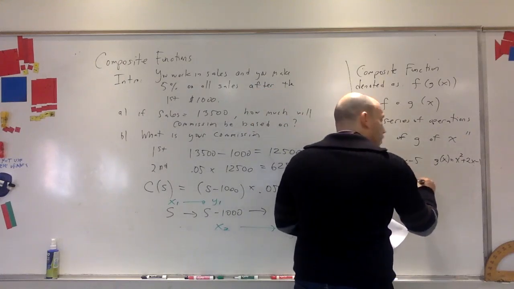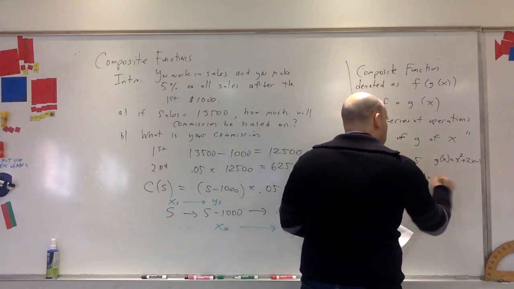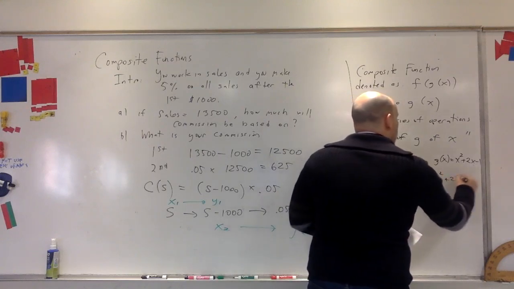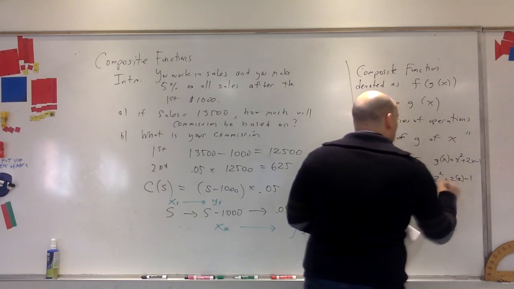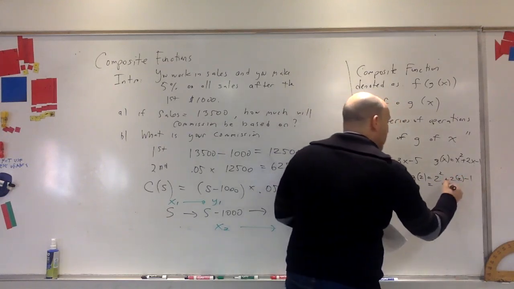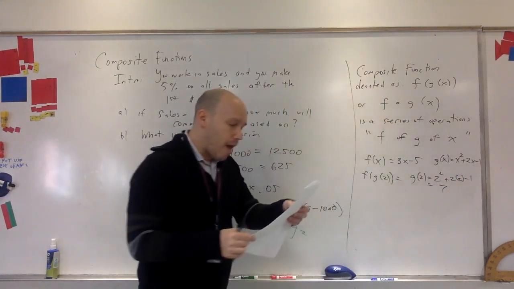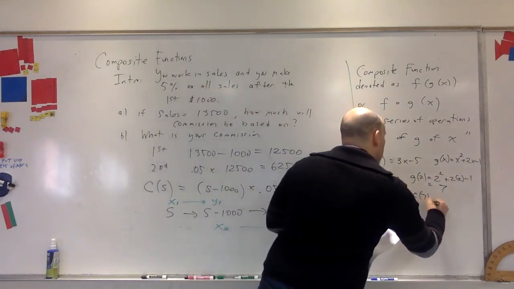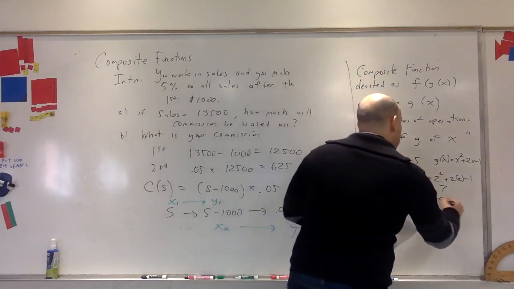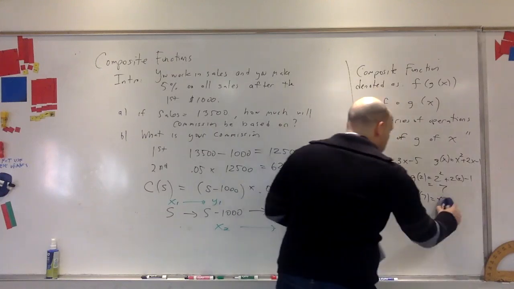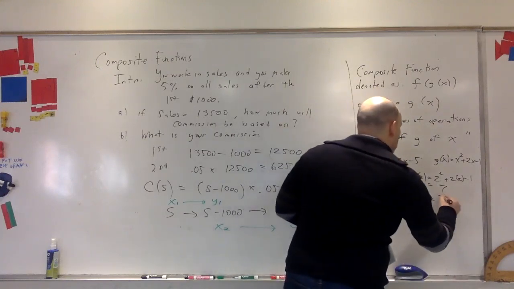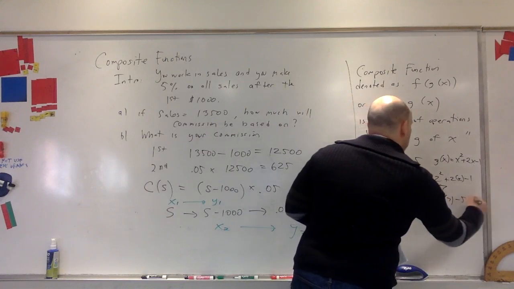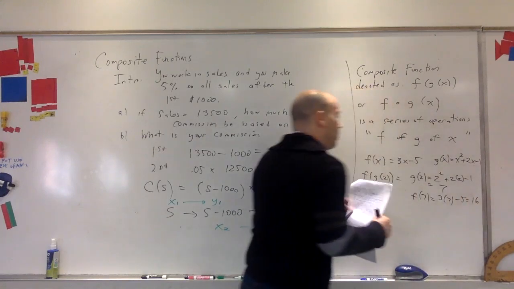g of 2 is equal to 2 squared plus 2 times 2 minus 1, which is 4 plus 4 minus 1, which is 7. Then we take the 7 and put it in the f function. f of 7 is 3 times 7 minus 5, which is 16.